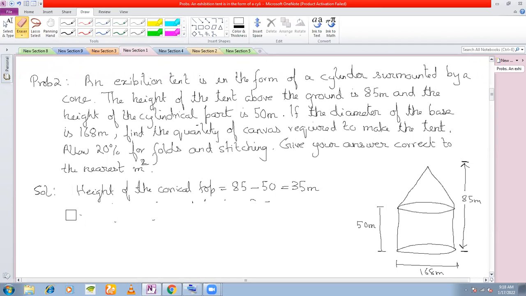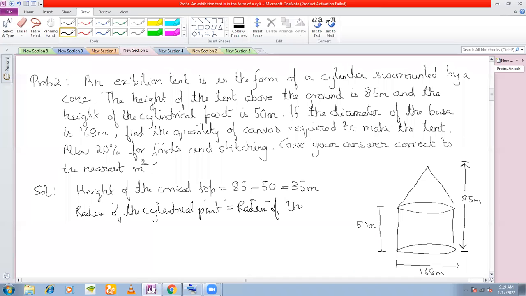Diameter of the base is given. So radius of the cylindrical part is equal to the same radius as of the conical part also, right? Because they share the same cross section.